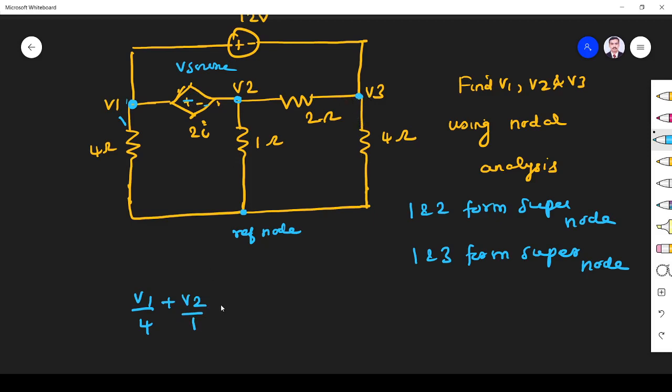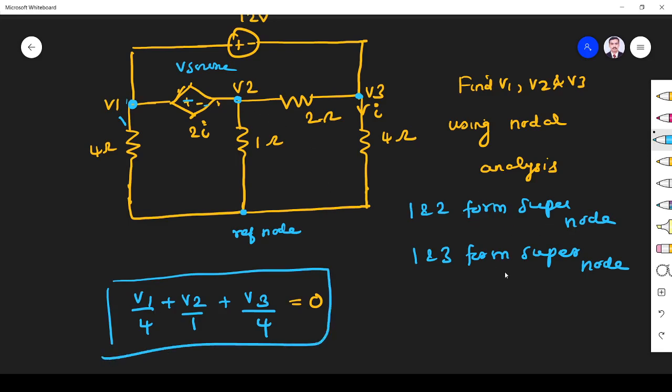So it is V3 by 4. So here what will happen? V1 by 4, V2 by 1 plus V3 by 4 is equal to 0, right? This is what happens because all the nodes are forming a supernode.